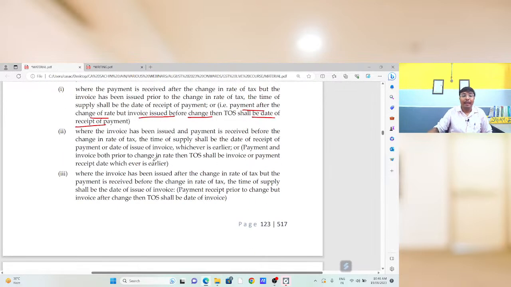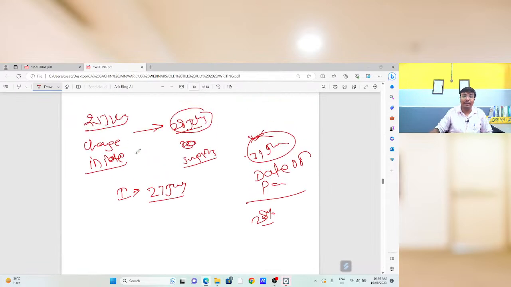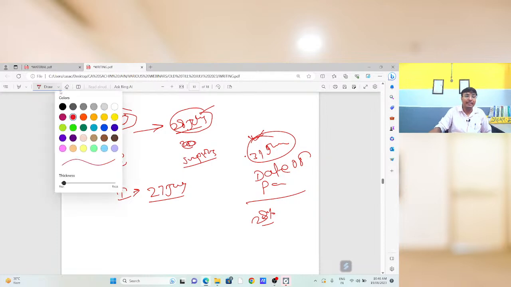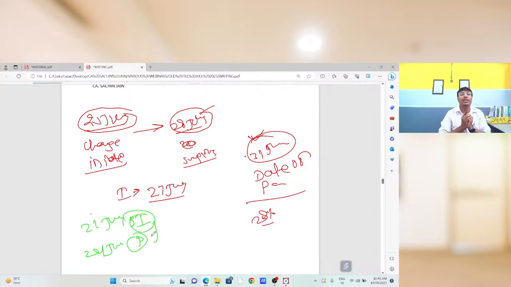Now, next scenario. Payment and invoice both prior to change in rate of tax, then time of supply will be I or P, whichever is earlier, that is invoice or payment, whichever is earlier. Suppose in this example, 25th July is the change in rate of tax and you had made the supply on 28th July, but in this specific case, suppose 22 July is the invoice date and 24th July is the payment date, that is invoice or payment both are prior to change in the rate of tax.